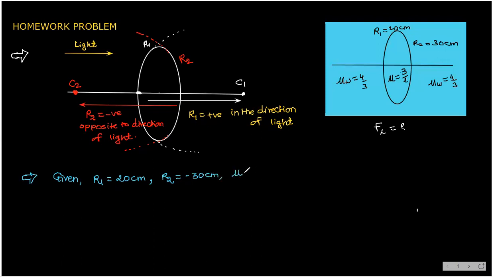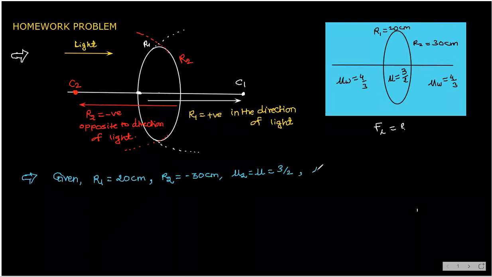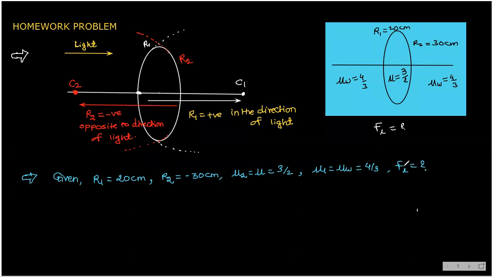Next, mu2 is equal to mu g, or you can say just mu, that is 3 by 2, and mu1 is equal to mu w, that is water, 4 by 3. And what we have to find is the focal length when this lens is immersed in a liquid.